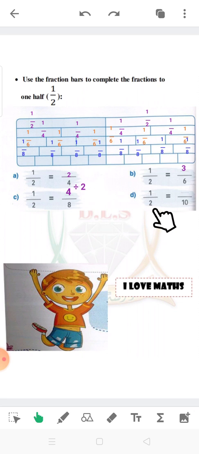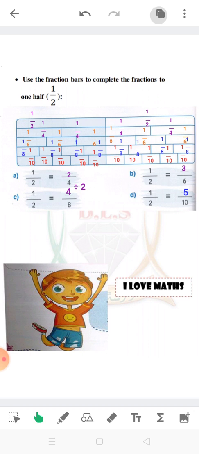Let's see the last one. Half equals a number over 10. Who can tell me what is the half of 10? Excellent. 10 divided by 2 equals 5. So I'm gonna color 1, 2, 3, 4, 5, 5 tenths. 1 tenth, 2 tenths, 3 tenths, 4 tenths, and 5 tenths.